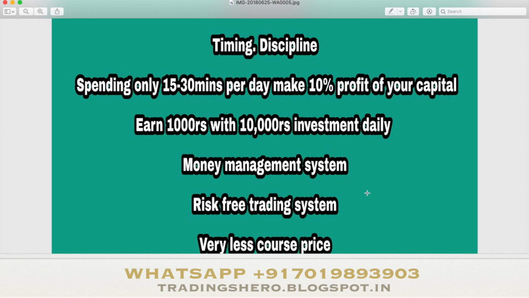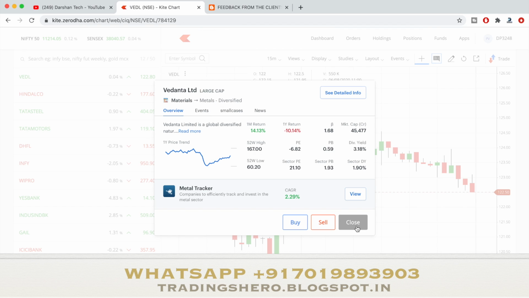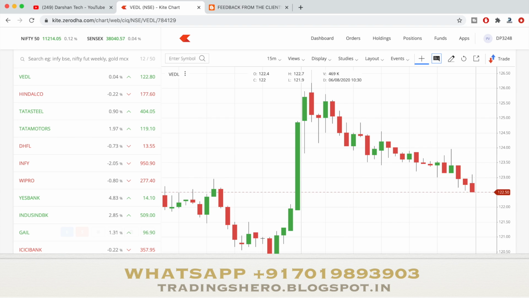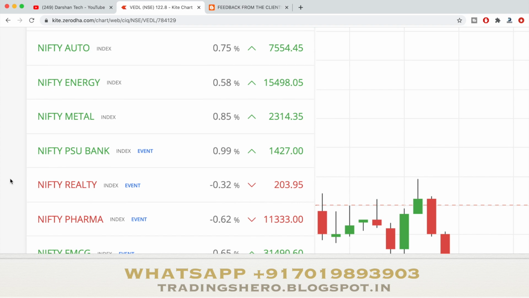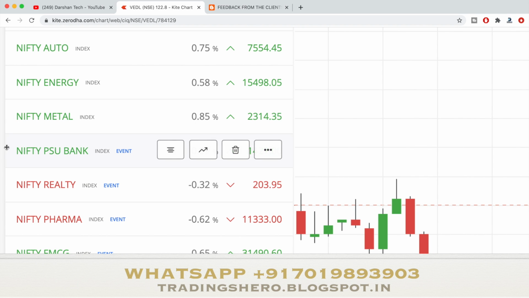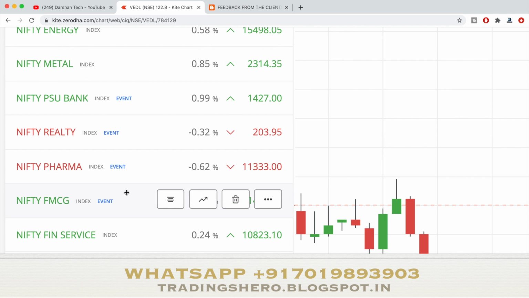Coming to the next point, do not pick stocks which have an event. A lot of times, for example, I'm showing you, this is indices, but in Zerodha, if you add some stocks to your watch list, you can see stocks in the news. Those will be denoted by the word event. Avoid those stocks for intraday trading on that particular day.